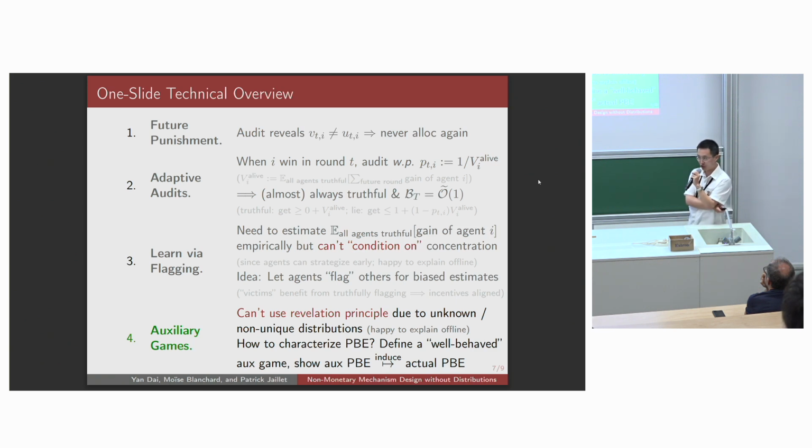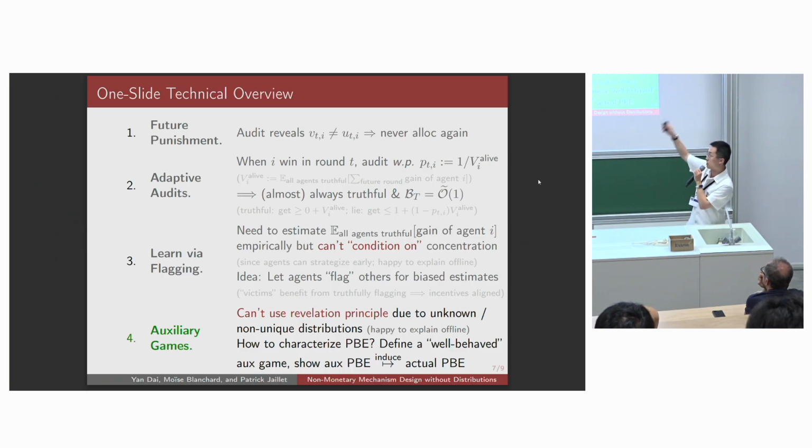So our approach is to define a well-behaved auxiliary game, and we prove that every equilibrium in that well-behaved game is also an equilibrium in the actual game. So this approach gives us the existence of a well-behaved equilibrium in the original game as well.